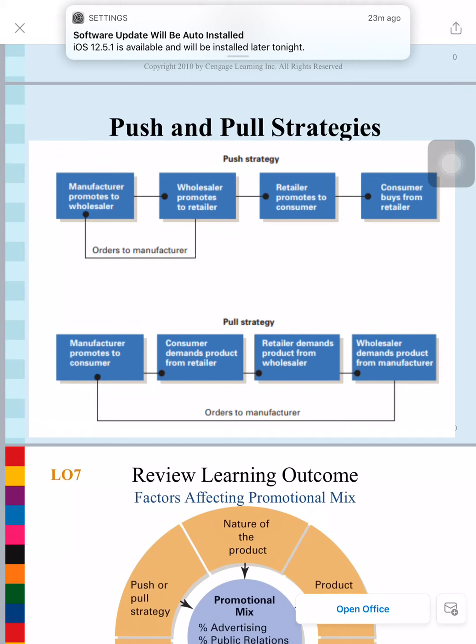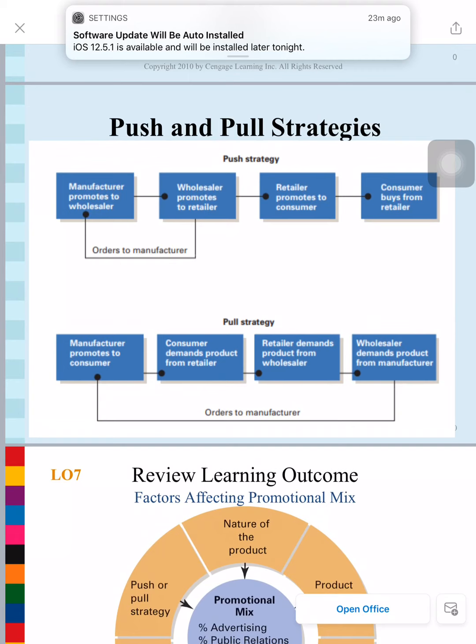This is called the push strategy, where the manufacturer uses aggressive personal selling or trade advertising to convince a wholesaler or retailer to carry and sell their products or service.